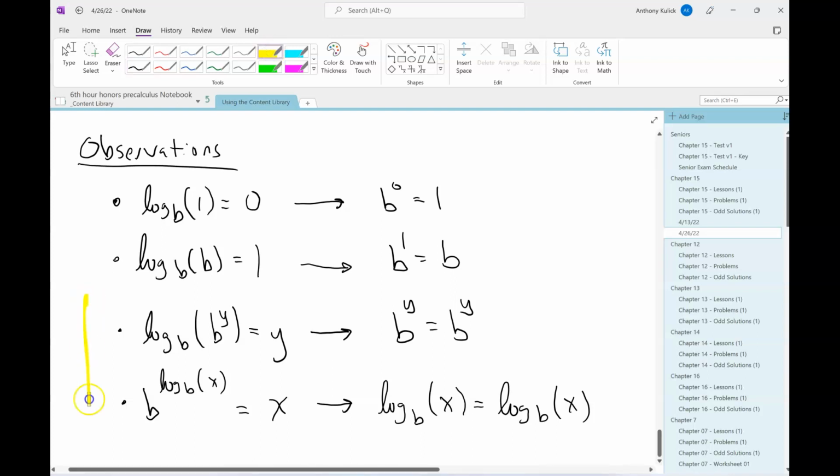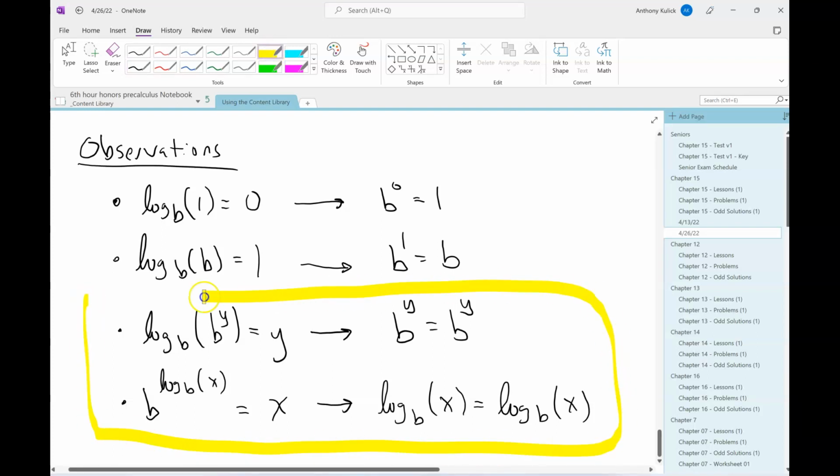So going forward, when we get into the solving, which we'll probably not get to today, these two observations are really critical. What we're seeing in the first observation is that log base b is canceling the exponent base b.